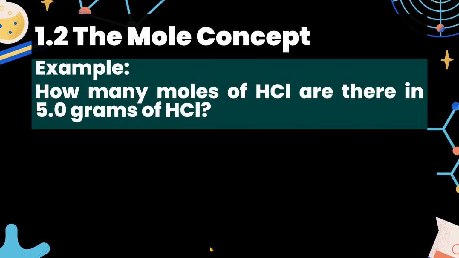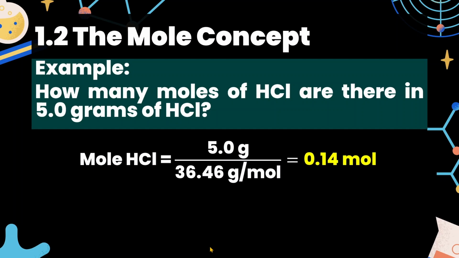Example: how many moles of hydrochloric acid, or hydrogen chloride, are there in 5.0 grams of hydrogen chloride? So we'll just need to apply the formula. The mole of hydrochloric acid is equivalent to, in the numerator, the mass of the substance or compound in grams. That's 5.0. And then the denominator is the molar mass.